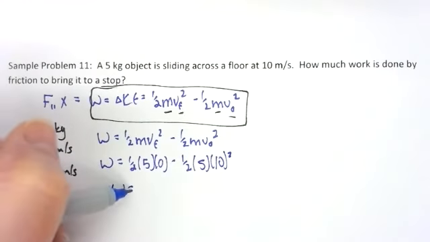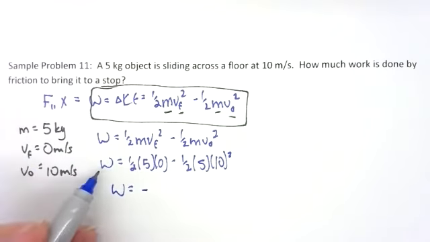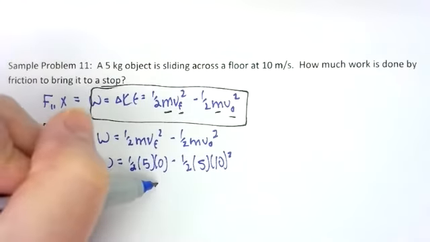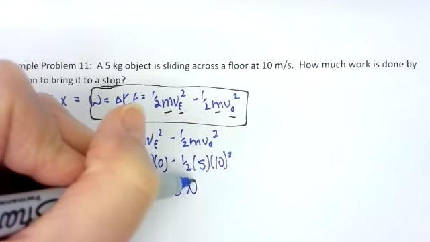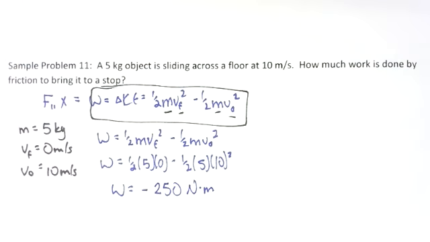And when I solve, now since we're doing work, remember work is usually in newton meters and energy is usually expressed in joules. And they mean exactly the same thing. We just tend to associate newton meters with work and joules with energy, but I get negative 250 newton meters.